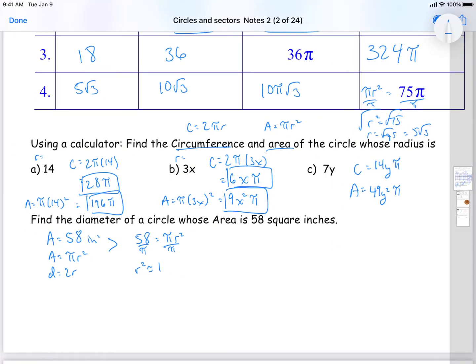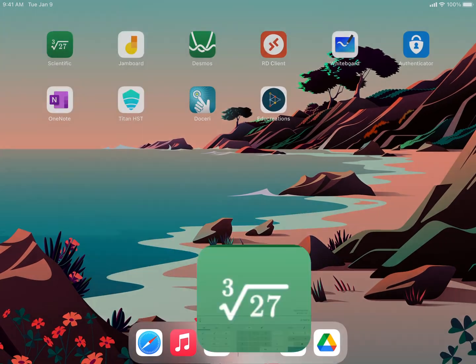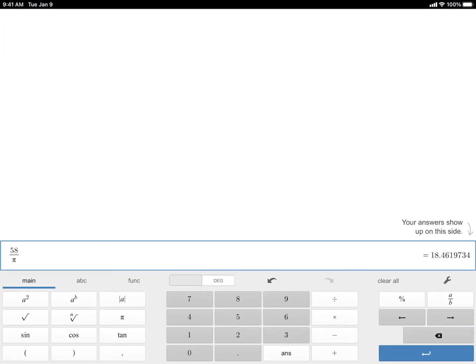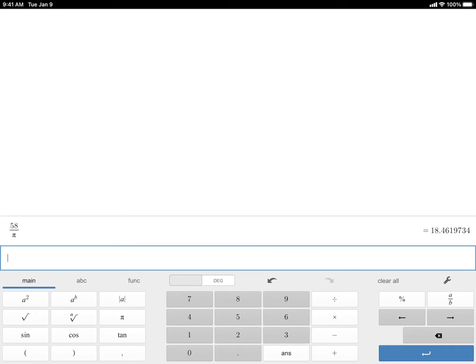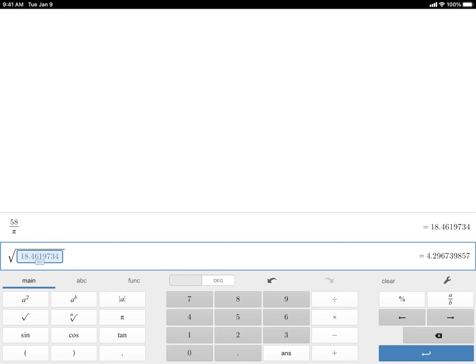So r squared is approximately 18.46, which means if I take the square root of both sides, I get r is approximately 4.3, if I'm rounding to the nearest hundredth.